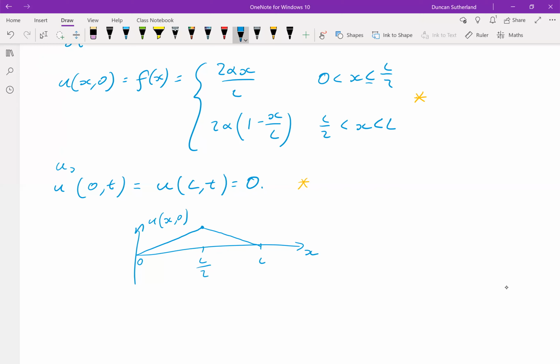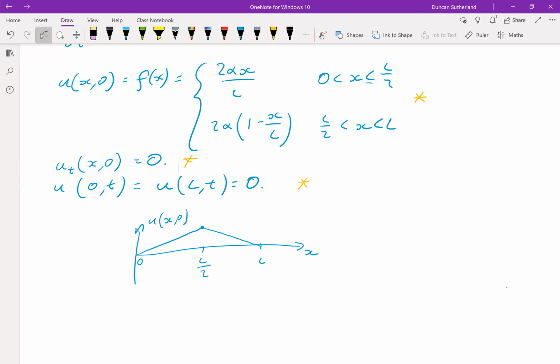It'll be u_t of x comma naught equals nothing. Right, so we do in fact need a second initial condition for this. Let me just check my problem sheet to make sure I've copied it down correctly. I have.